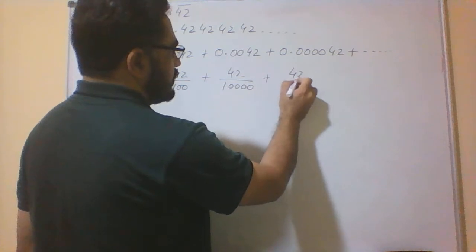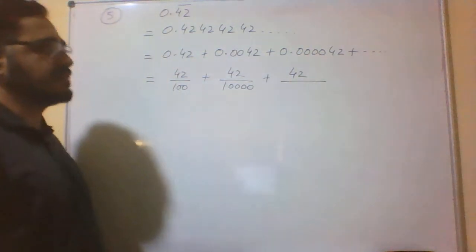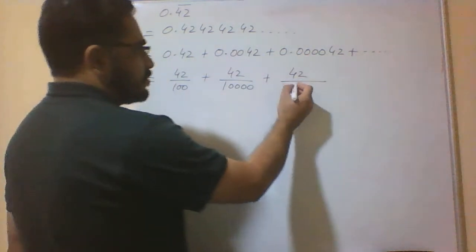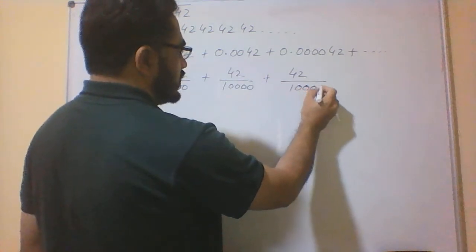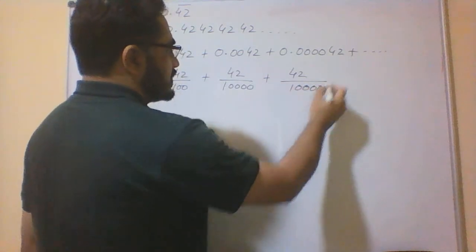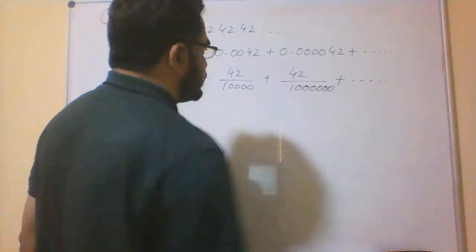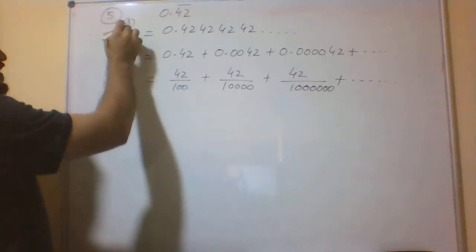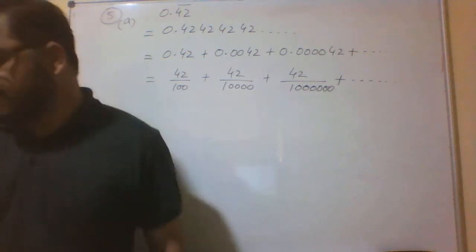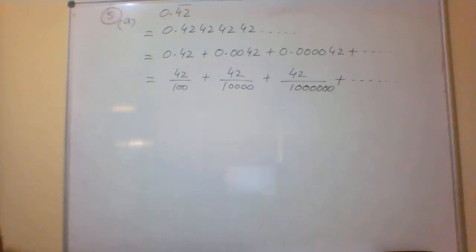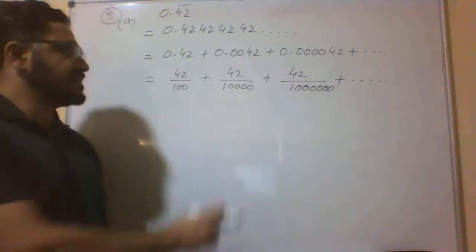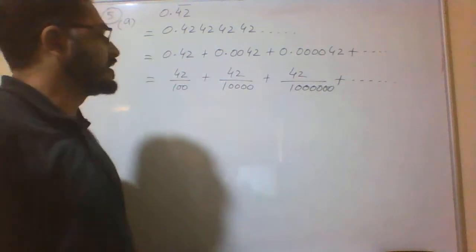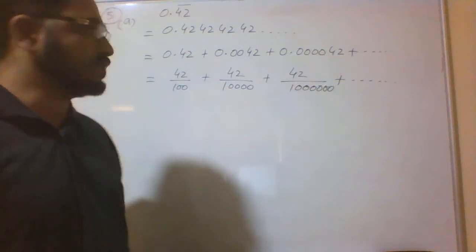Then here will be 42 divided by, after the decimal, six digits are here, 1 2 3 4 5 6, and up to so on. This was the first part. In the first part, what was there? Write the recurring decimal as the sum of the geometric progression. This is the geometric progression from the recurring decimal 0.42.